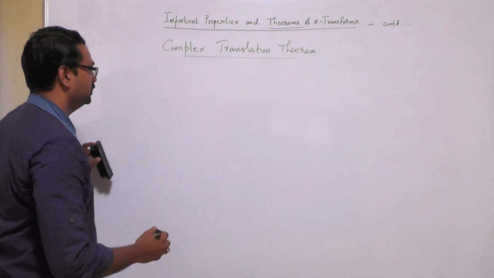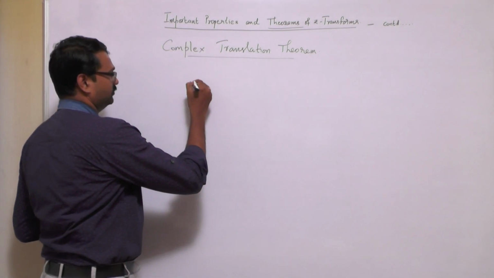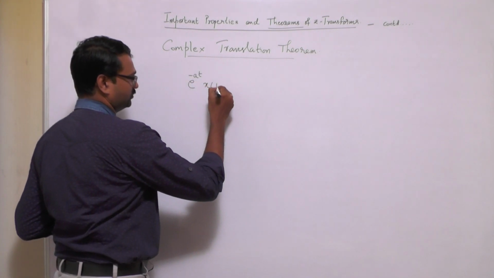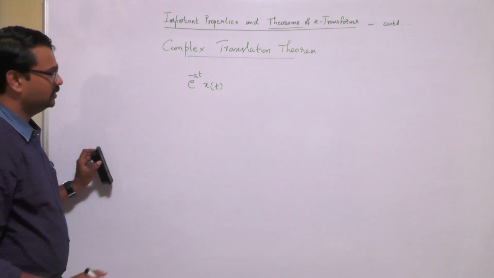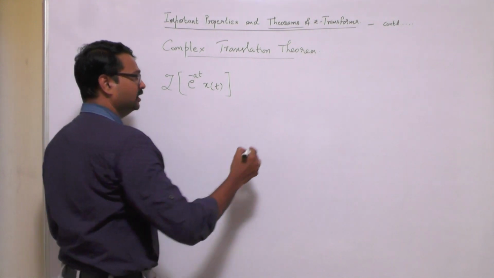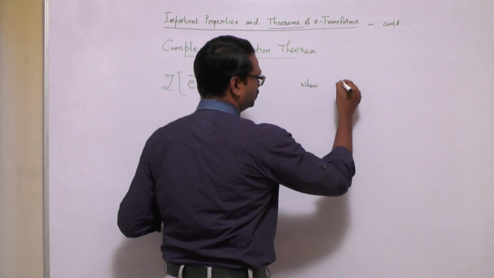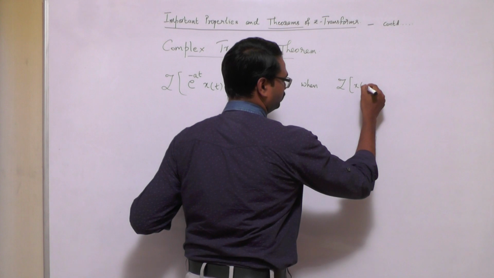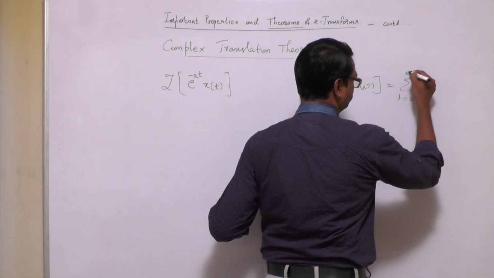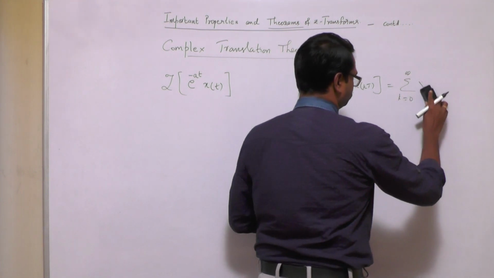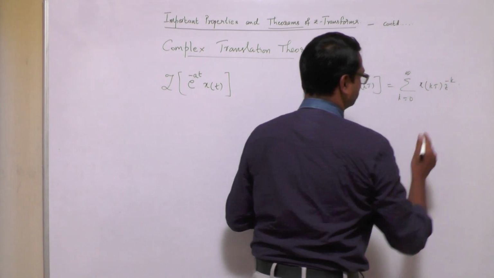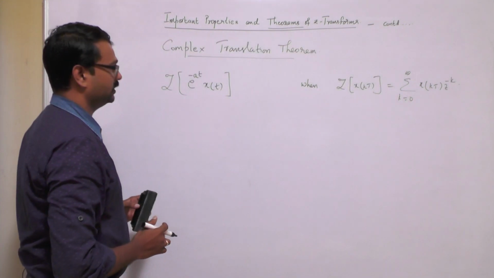The complex translation theorem is nothing but if you consider e^-at into x(t). What is the z transform of e^-at x(t), when the z transform of x(kT) is equal to the sum from k=0 to infinity of x(kT) z^-k?